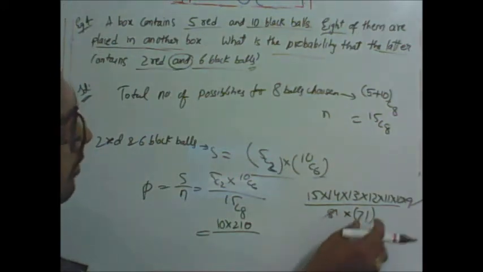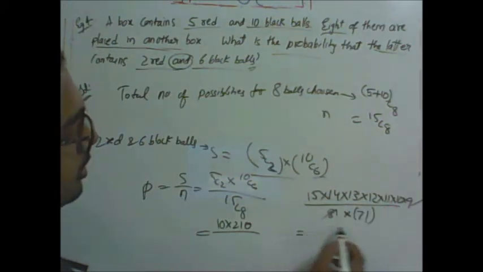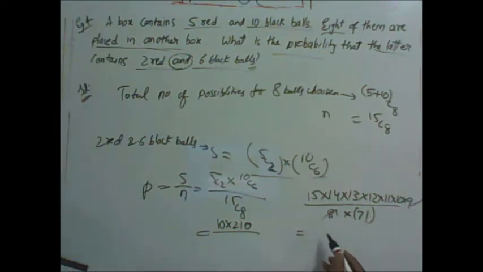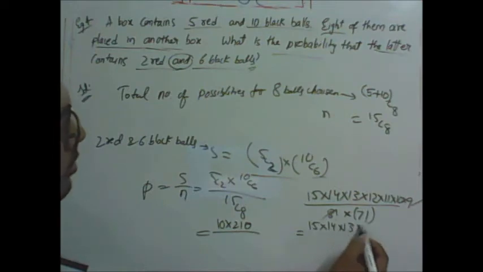So this is the remaining. So 7 factorial is 1 into 2 into 3 into 4 into 5 into 6 into 7. So again we have to solve that as well.